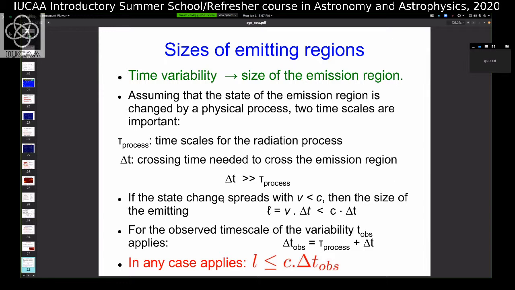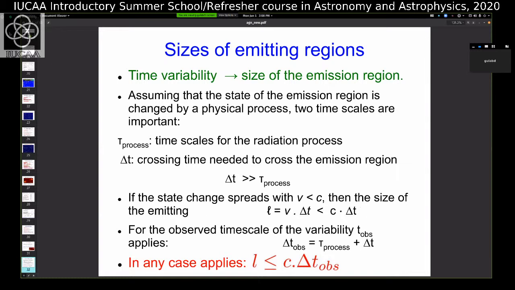If the state change spreads with a speed less than the speed of light, then the size of the emitting region L is equal to the speed with which the disturbance spreads times the crossing time delta T, and this must be less than the speed of light times the crossing time.